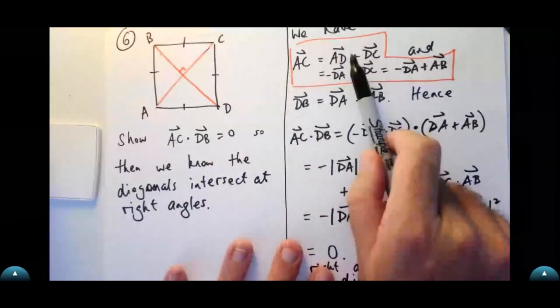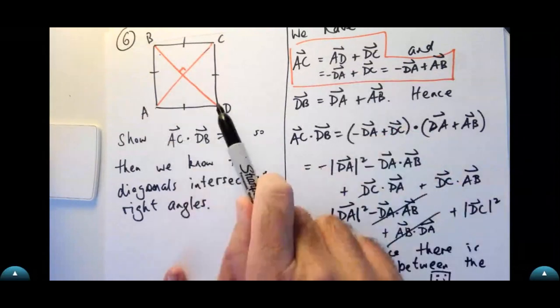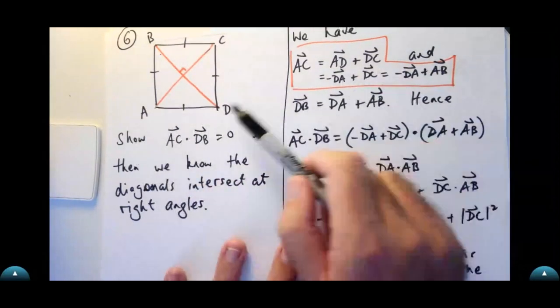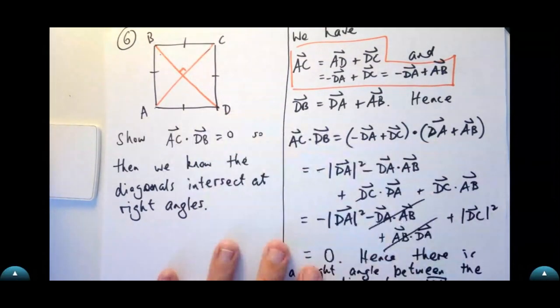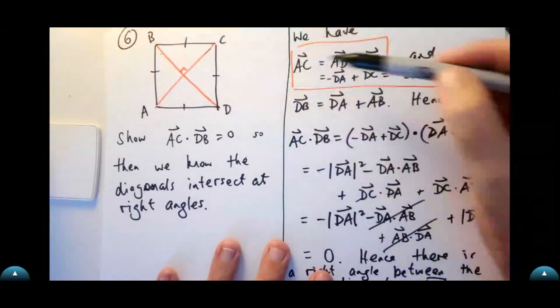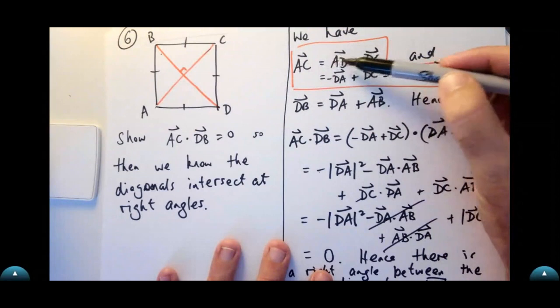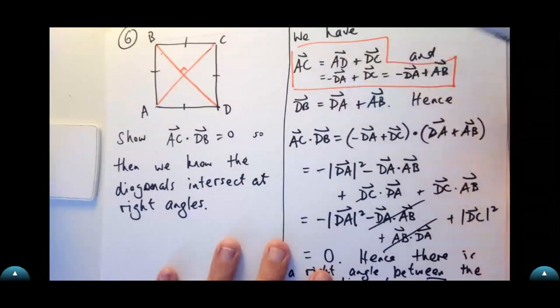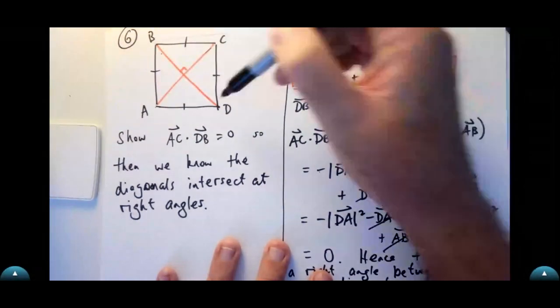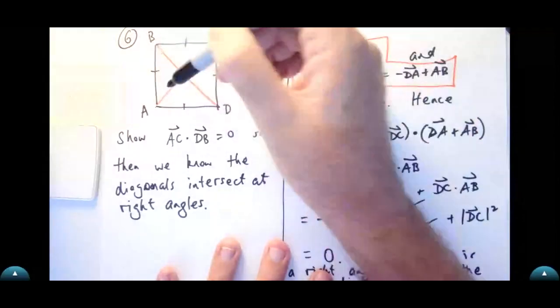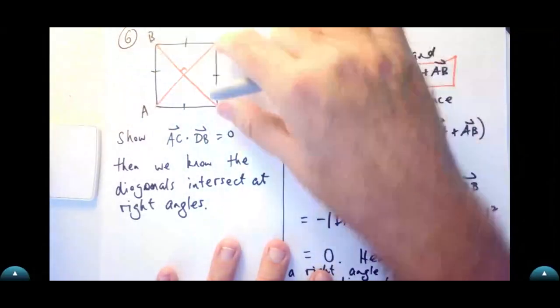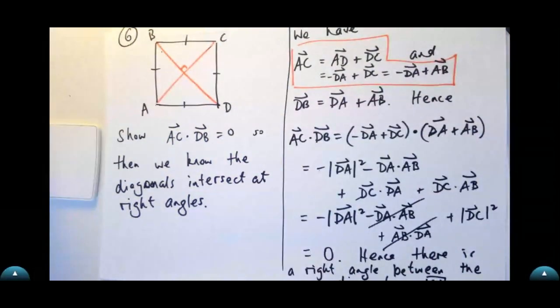So what's AD? AD is the same as negative DA, right? So all I've done there is I've changed the direction. And then DC is the same vector as AB because they're parallel and they're the same length.